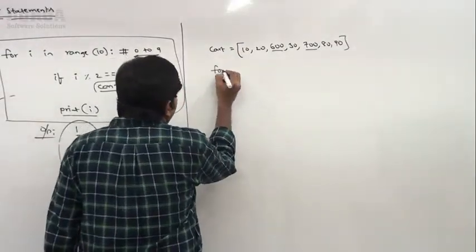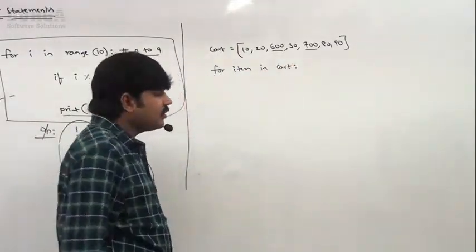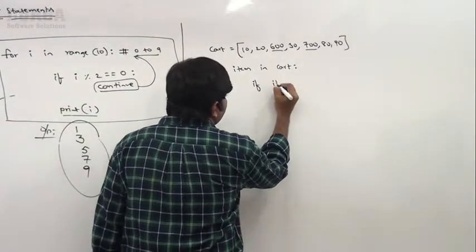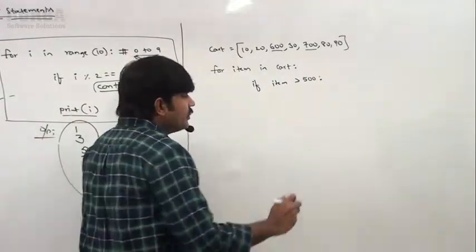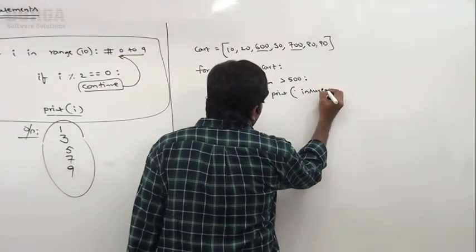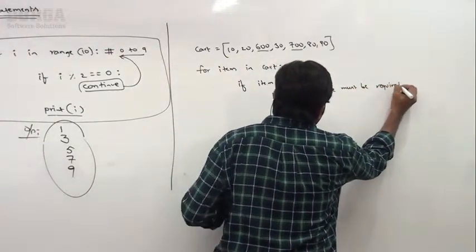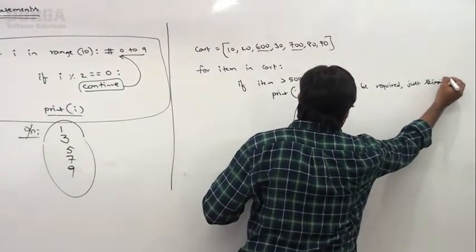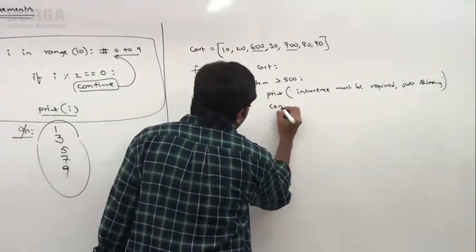Now, for each item in cart, if item greater than 500, just print insurance must be required, just skipping this item, continue for the remaining items. What do I have to take?